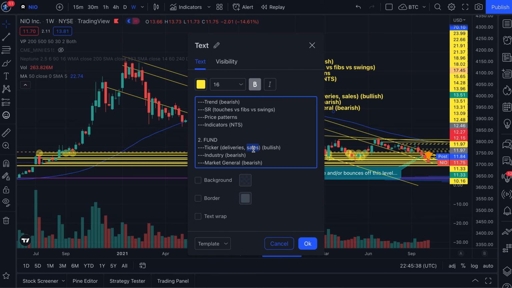It's not the U.S. After China, their biggest market is Europe, and so we started looking at the technicals. Bearish on the trend. We drew some support and resistance levels, looked at different ways of doing it, and we did not find any price patterns. And the indicator, I believe, was also bearish at that time.